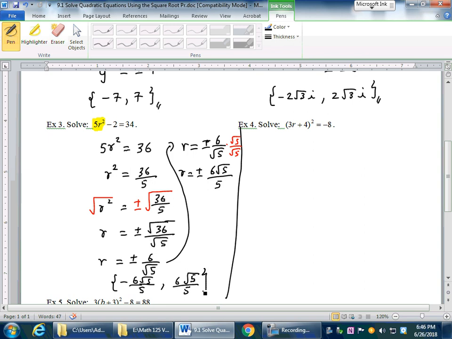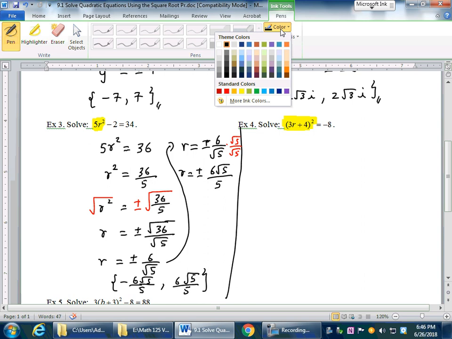Looking at the next example, this time my square term, the base, is a binomial, but the way we consider it is the same thing. If I cover up the square term and there are no other variable terms, then we can use the square root property.